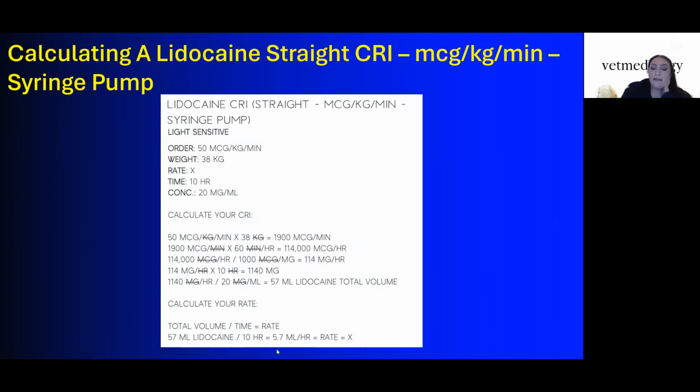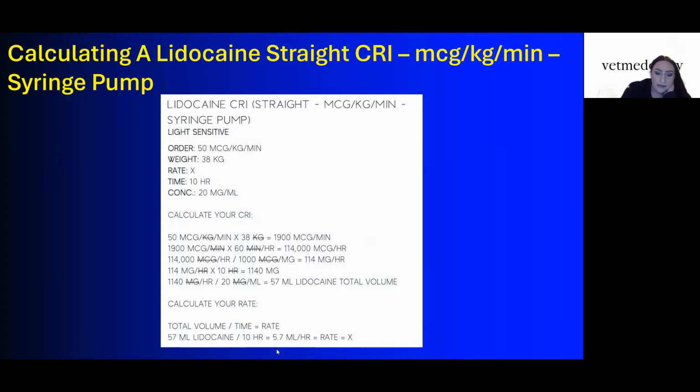50 mics per kg per minute times 38 kgs equals 1,900 mics per minute. 1,900 mics per minute times 60 minutes per hour equals 114,000 mics an hour. 114,000 mics an hour divided by 1,000 mics per milligram equals 114 milligrams per hour. 114 milligrams per hour times 10 hours equals 1,140 milligrams, divided by 20 mgs per mil equals 57 mils lidocaine total volume.